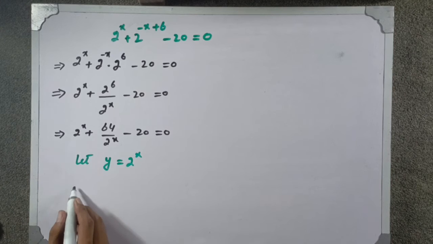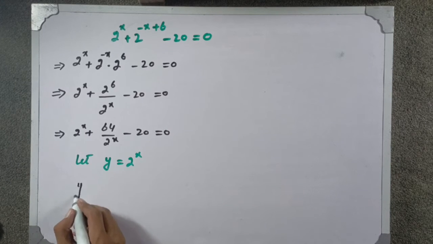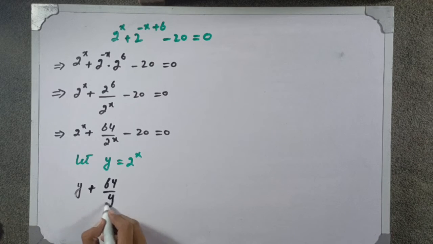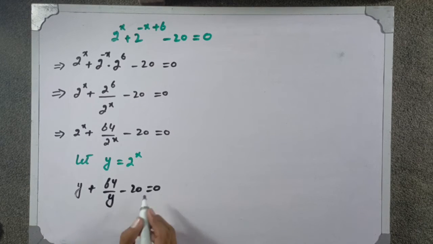If I do this, then this will give me y plus 64 over y minus 20 is equal to 0.